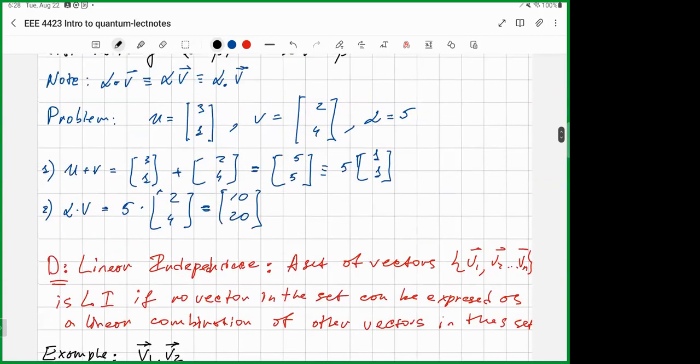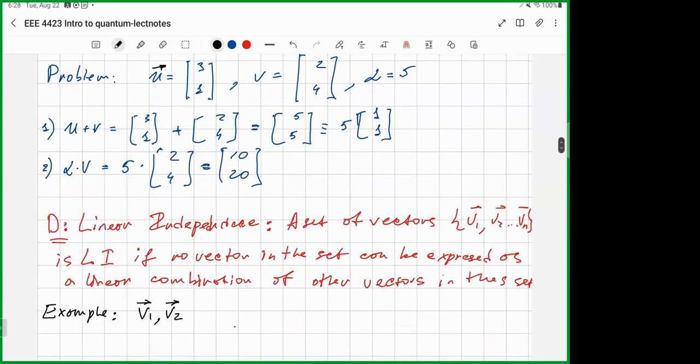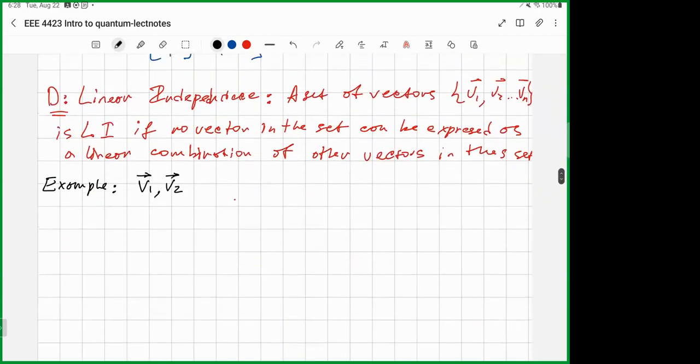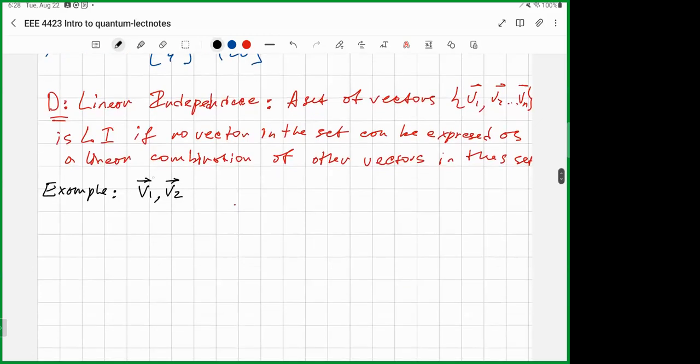So one can easily see that this u, for example, here is a vector. So no need to put this arrow on top. In this case, since we don't specify the components of the vectors, I write these arrows here on top.